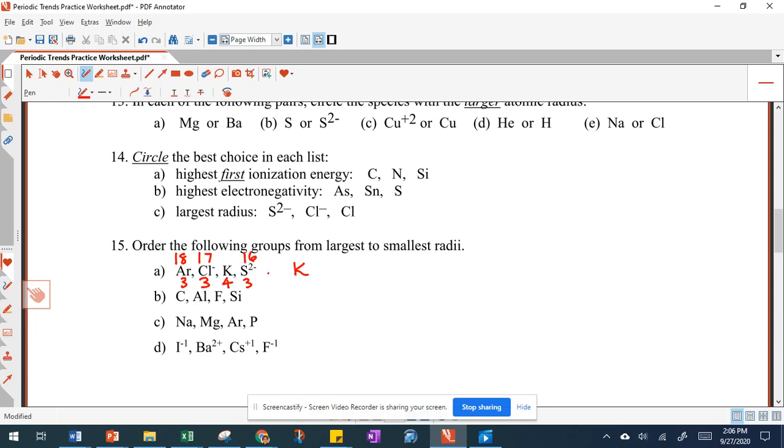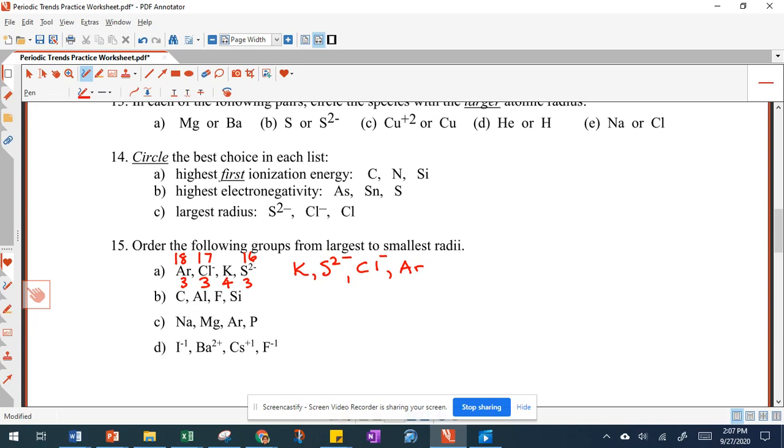They all have the same number of electrons, but a different number of protons in the nucleus. So the next largest after potassium will be sulfur, because it has the fewest protons pulling in those 18 electrons. The next one would be chlorine, and then the smallest would be argon, since it has 18 protons pulling in 18 electrons.